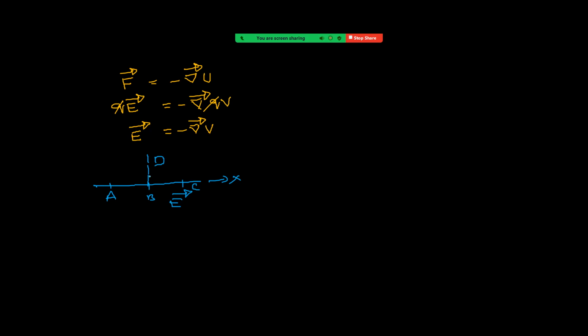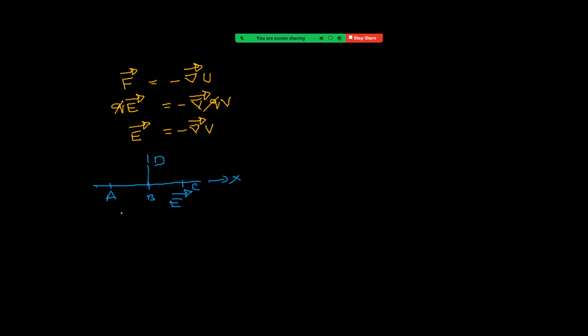Now we can say one more point here. Along the field potential decreasing means opposite to field potential increases. And one more thing, if you take normal to field, see carefully. I'm taking here y-axis, okay? Normal to field. Field is along x-axis. If we are moving along y-axis, potential does not change.